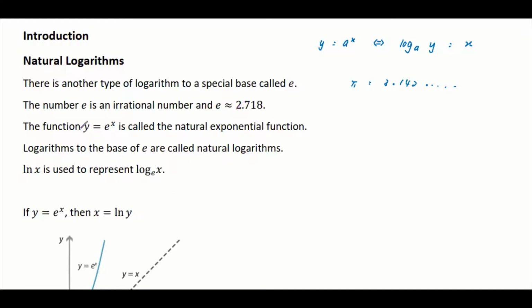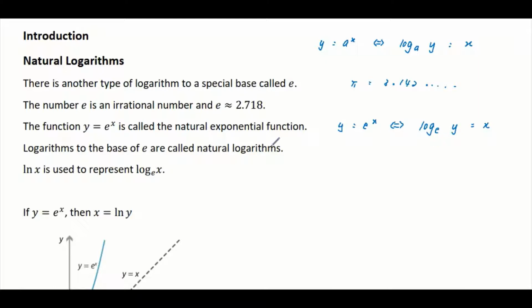Okay, so the function y equals e to the power of x is called the natural exponential function. So if we say that y equals e to the power of x, we can always write it in the form of log to the base of e of y equals x. So this is called the natural exponential function and this is called the natural logarithm.